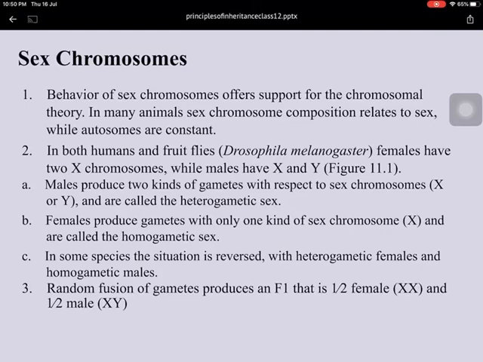In some cases, females are heterogametic and males are homogametic. In any such organism, random fusion of gametes produces the F1, in which there is a 50% chance of producing a male and a 50% chance of producing a female child.